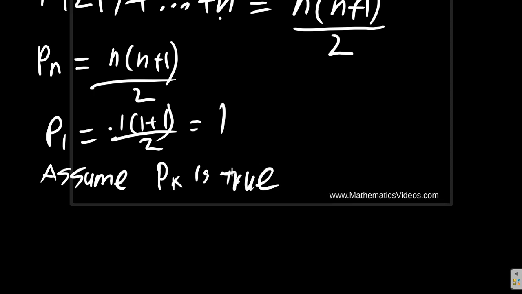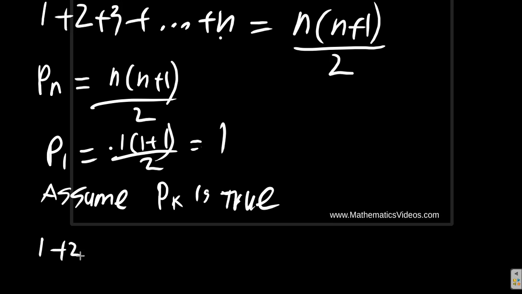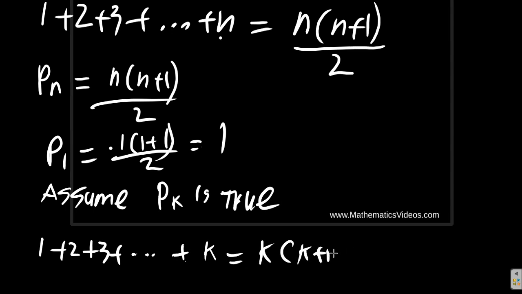Now, if Pk is true, then what it would mean is that 1 plus 2 plus 3 plus dot dot dot plus k, where n would be k, you stop at k, whatever k is, is equal to k(k plus 1) divided by 2. Now, if you prove that P1 is true, then you started the process, right?